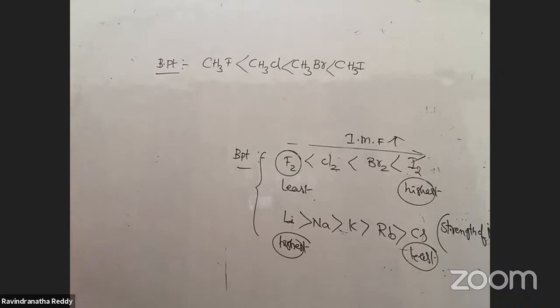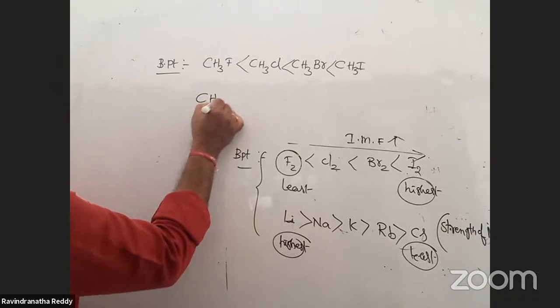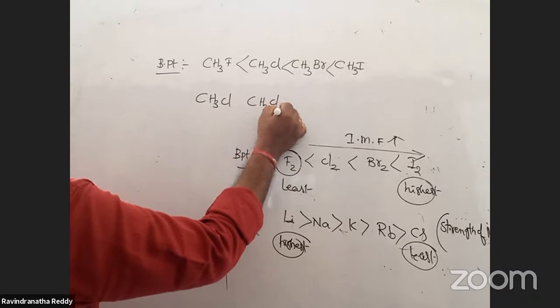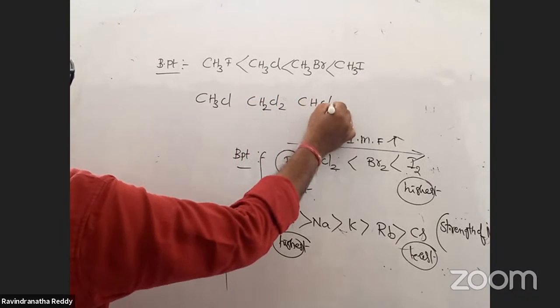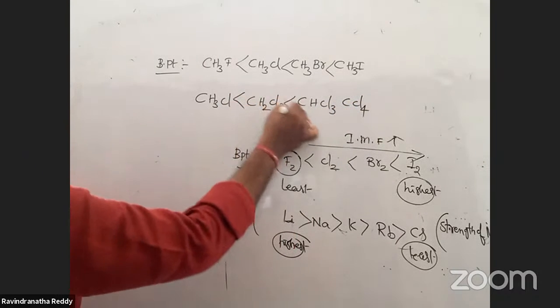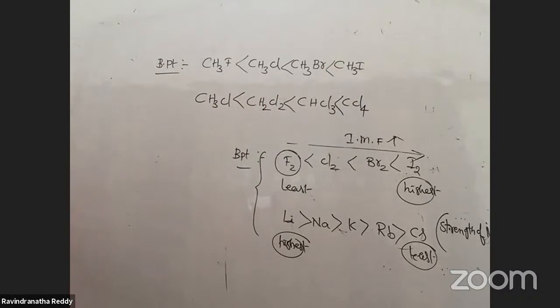Getting it? Next, one more question. Suppose CH3Cl, CH2Cl2, CHCl3, CCl4. What is the boiling point order? As the number of chlorine atoms increases, the boiling point increases. That is another question.